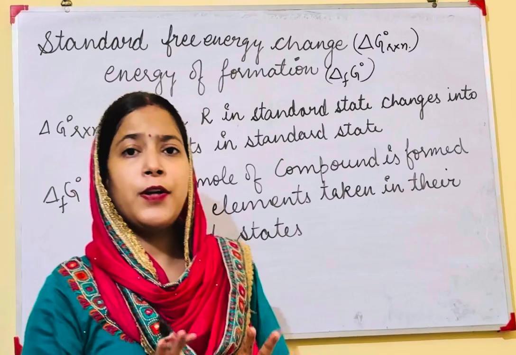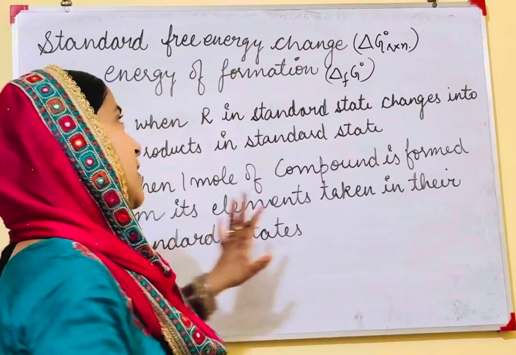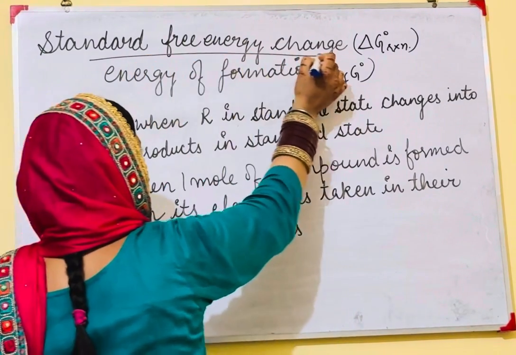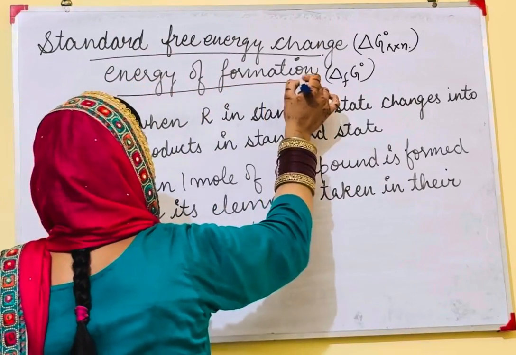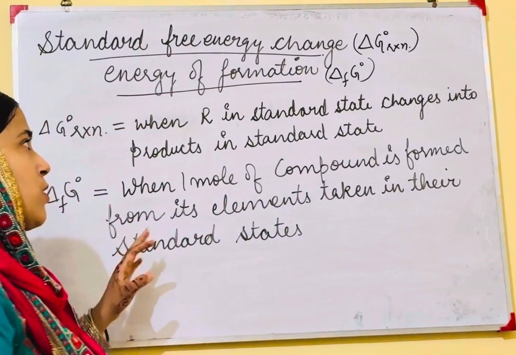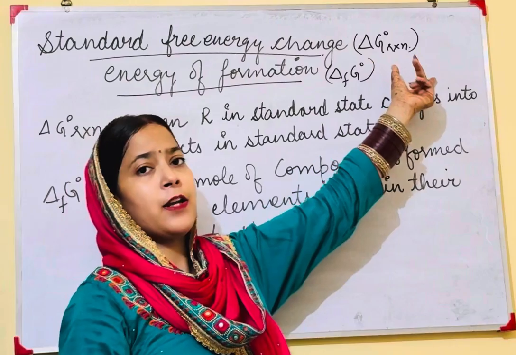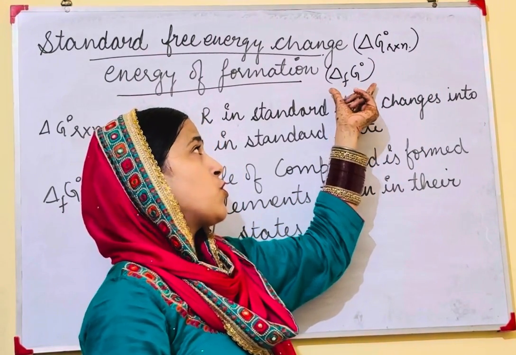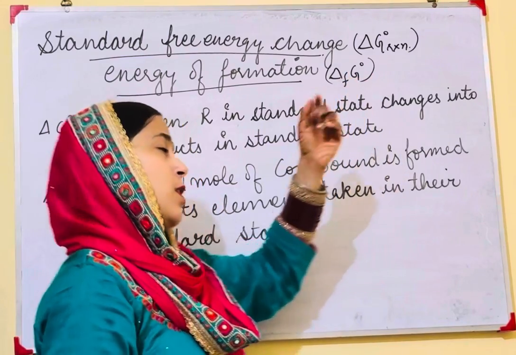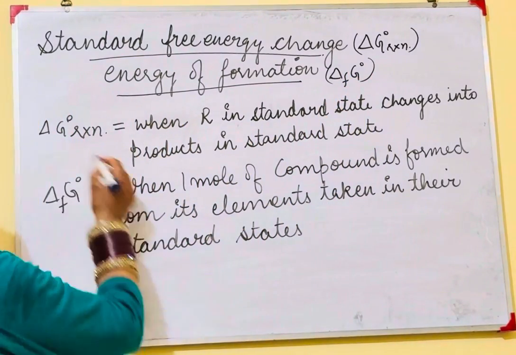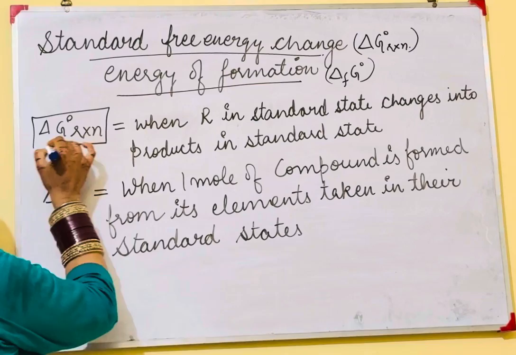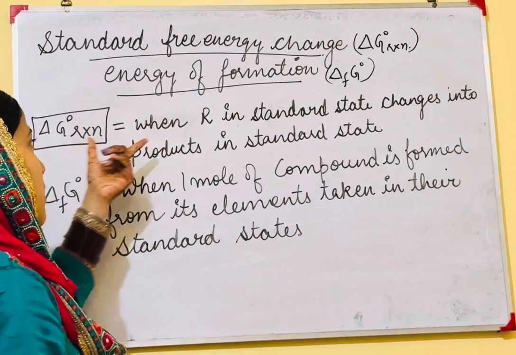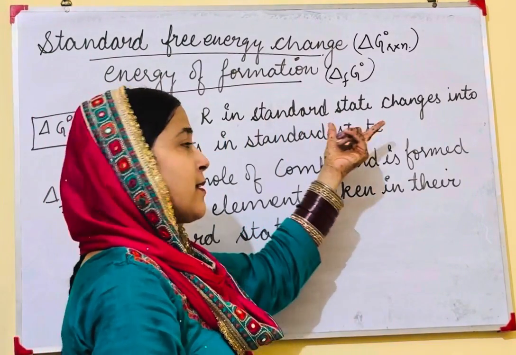Now, in continuity of free energy change, we will discuss standard free energy change and energy of formation, which is represented by delta G naught for a reaction, and for energy of formation it is delta G naught f. First, the standard free energy change of a reaction.